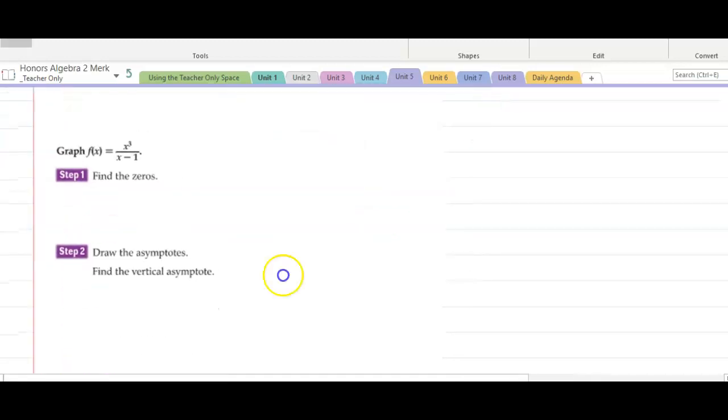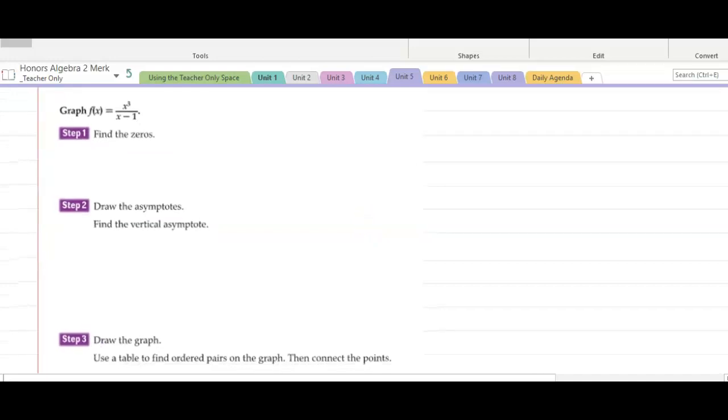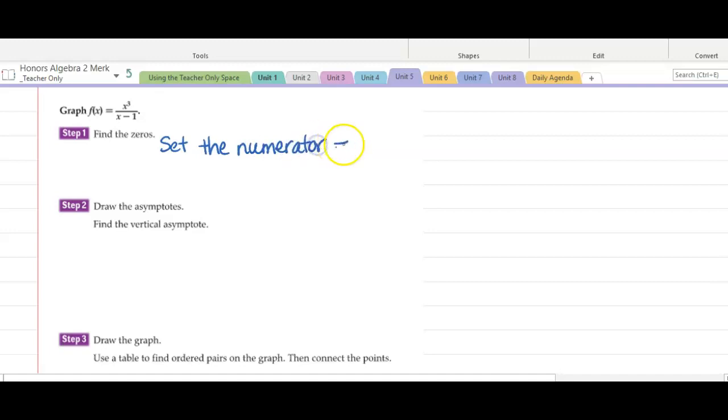Let's practice graphing some of these. Our first one is x cubed over x minus 1. Find the zeros. Well, one option to find the zeros is to use our table, which we're going to do in step 3. But another way is to set the numerator equal to 0 and solve.